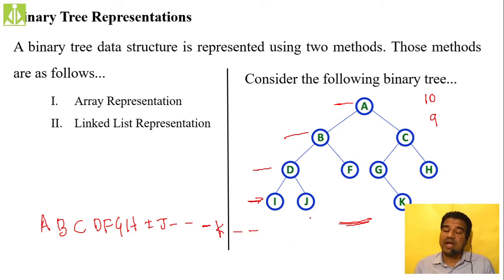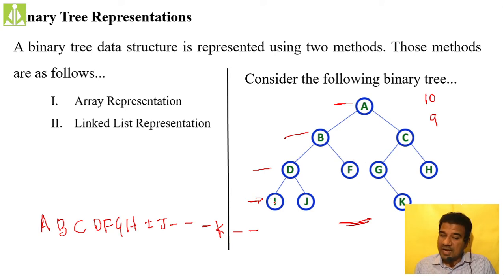And you have to write one extra level as well, because after leaf nodes also we have to consider one more extra level. How are we going to represent I and J as leaf nodes? If I is not having any children, we consider I as a leaf node.